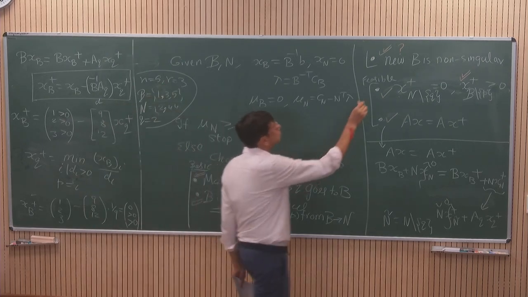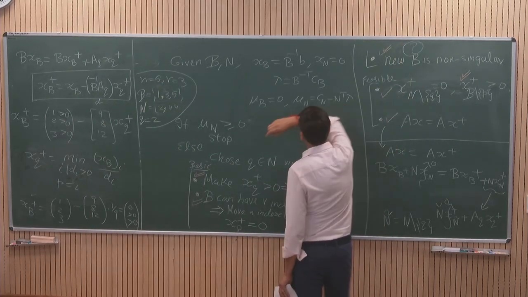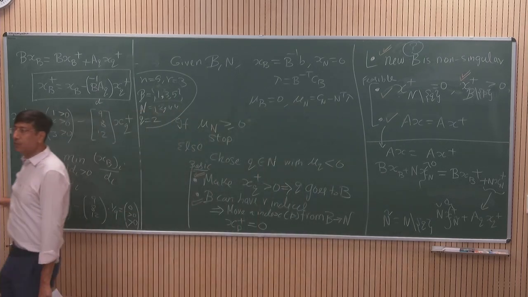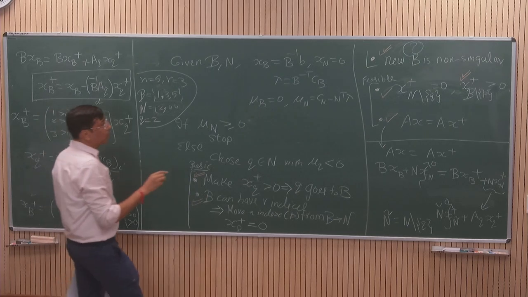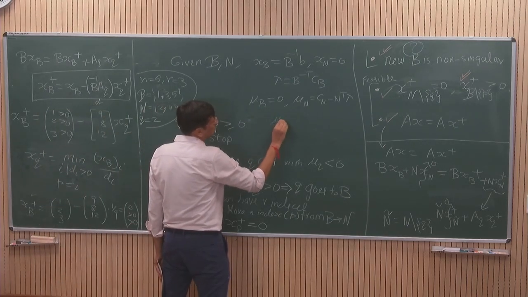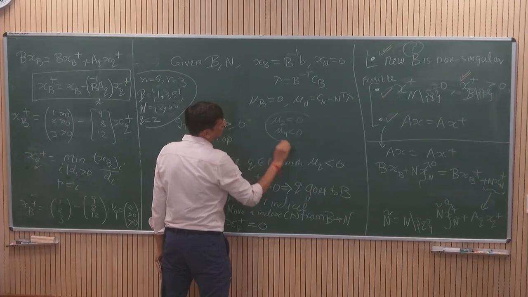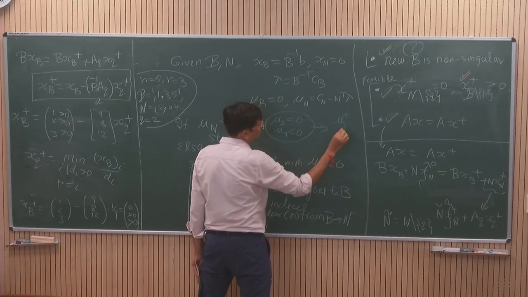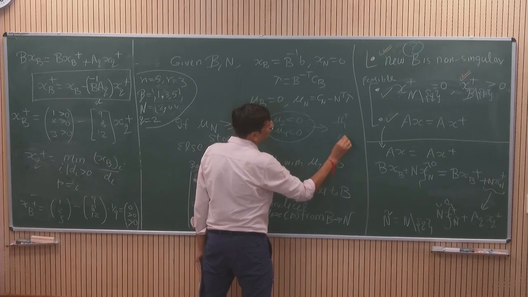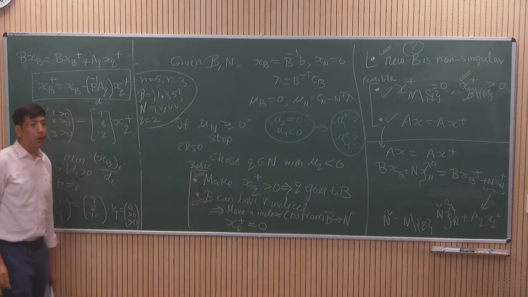One theory question which I have not answered is that this choice of x cube plus will also ensure that the new B becomes non-singular. What I have also not told you is that if mu2 is negative and mu4 is negative, when you go to the next iterate and look at mu1 plus and mu4 plus, you will have no idea whether they become positive or not.